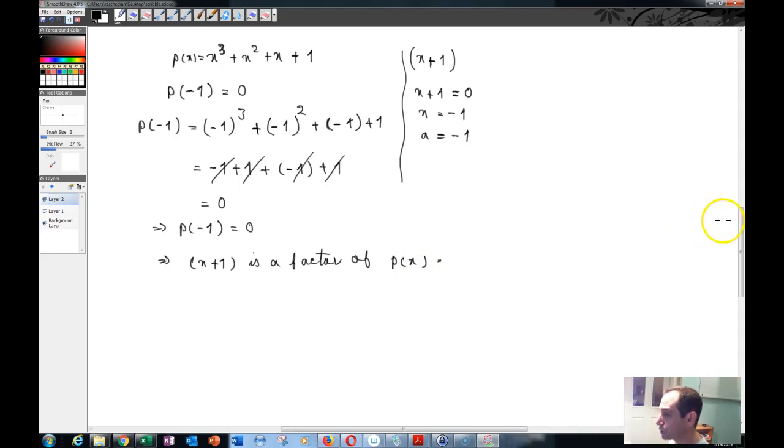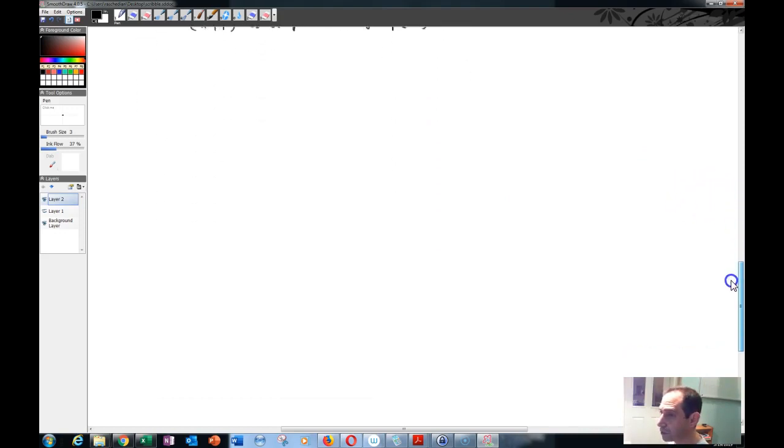Or as another example of the same type, so let's say that for example you have x raised to the power 4 plus 3x cubed plus 3x squared, for example, plus x plus 1, and you want to know whether x plus 1 is a factor of this polynomial p of x, for example.